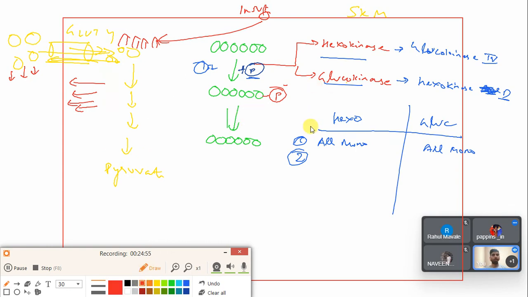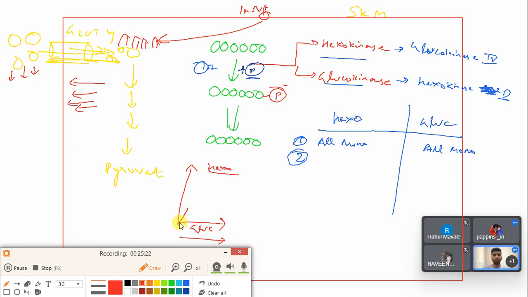So hexokinase. If I tell you the graph, when we are eating a lot, slowly the concentration of glucose is increasing, right? This is the graph of hexokinase. As we keep eating, I hope you have learned about Michaelis-Menten. This is the enzyme activity of hexokinase.